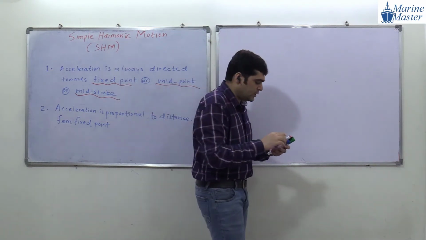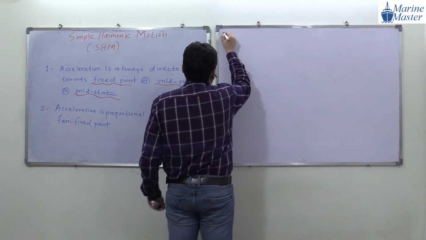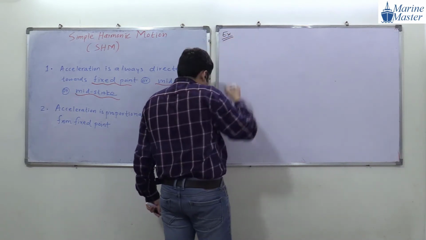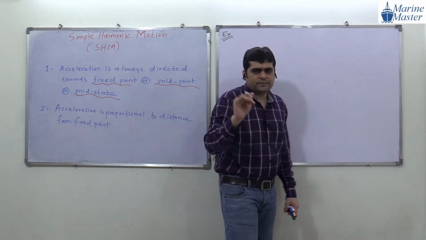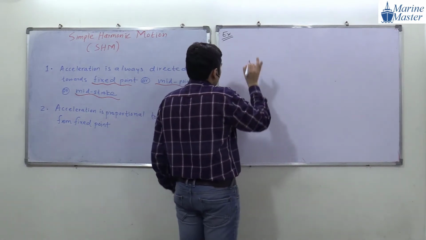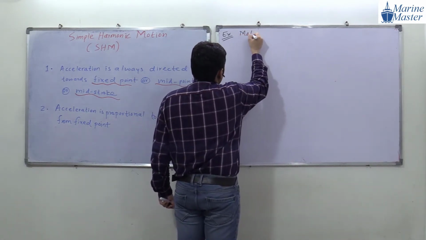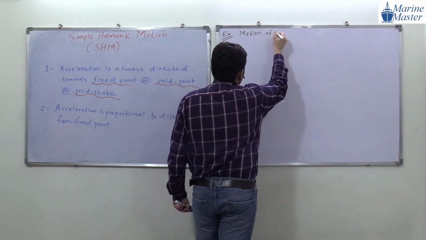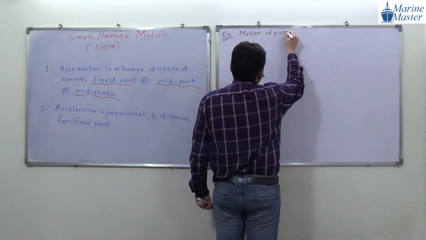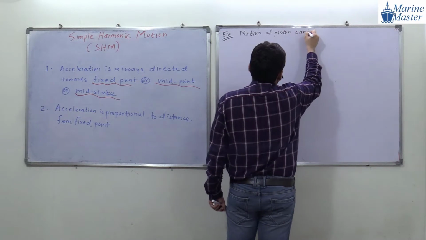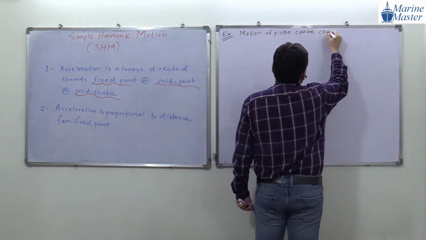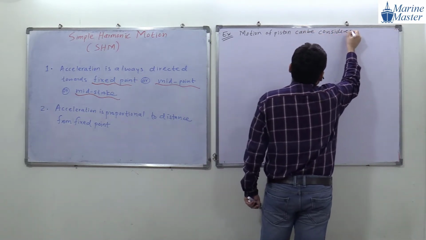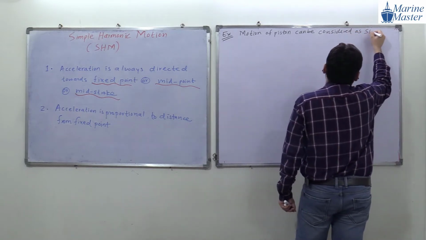Now we are going to study an example of simple harmonic motion: motion of a piston. Motion of a piston can be considered as SHM.